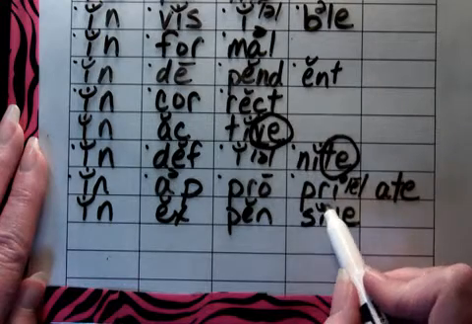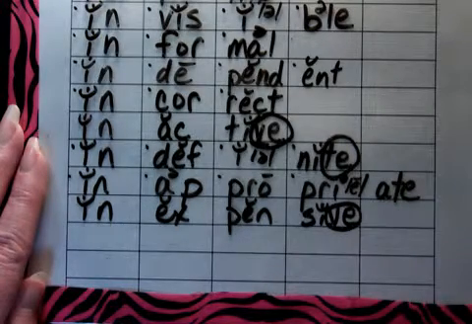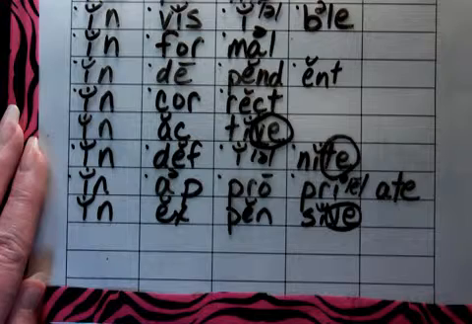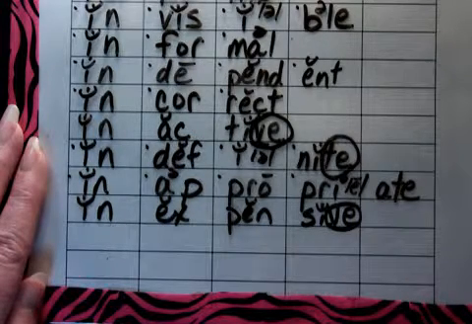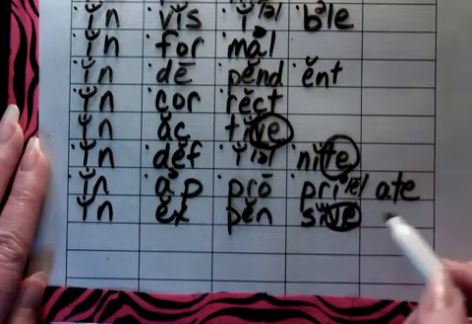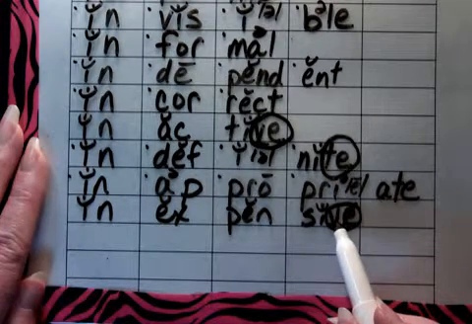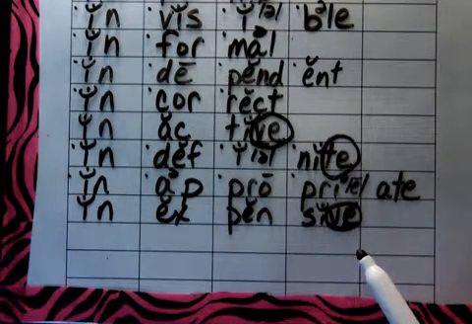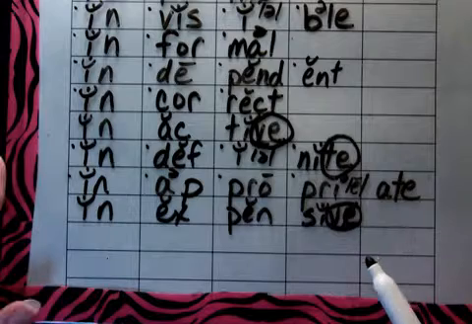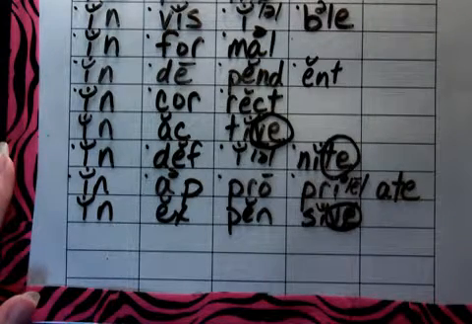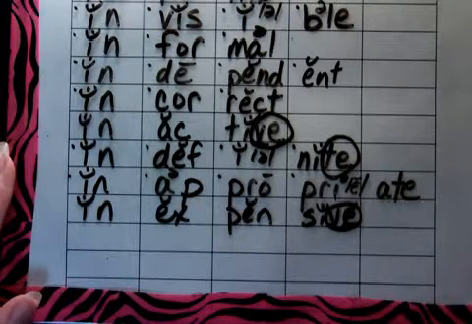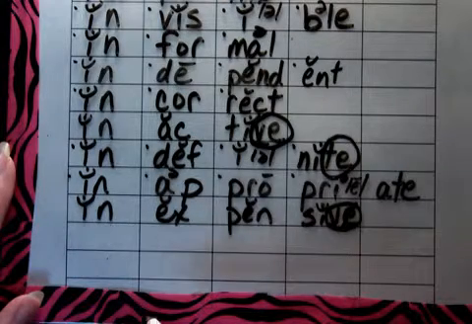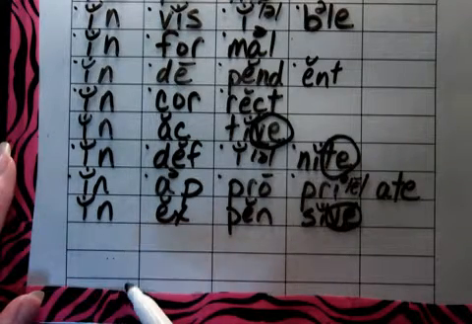Sieve, that's short because the V and the E are working together. That's still considered a closed syllable because that's what's actually doing the work, not the silent E. Alright, I've got 3 more words and 2 good spaces.